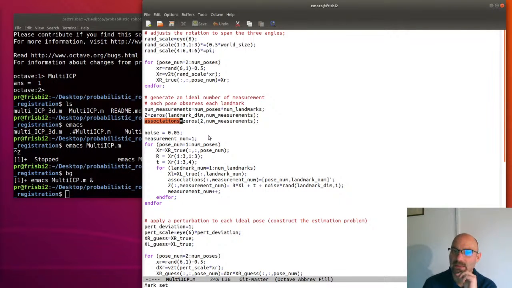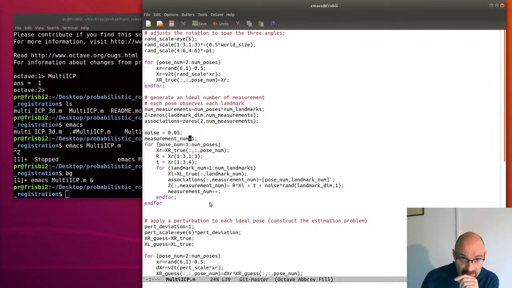It has a number of columns equal to the number of measurements, and it has 2 rows to encode the indices m and n that correspond to the corresponding column of the measurement vector. So that we can keep the bookkeeping between what is what, right? And you can generalize this program, which is a little bit more flexible.